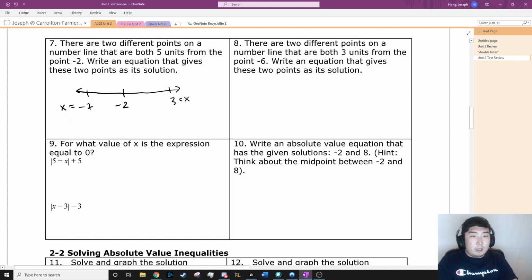So remember, the equation is absolute value of x minus start is equal to variance. The variance is the amount of steps that we took to get to this, which is 5. The start is the middle between the 2 points that we end up with.